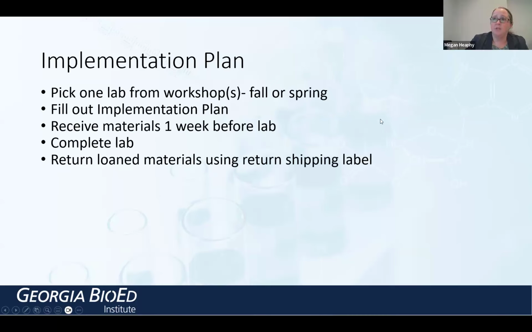So again, for the implementation plan, you'll pick one lab from either the fall or the spring. You'll fill out the implementation plan, which you can look at in the shared drive or the Google Drive. Basically you tell me when you want to do the lab, what lab it is, and what you would need from us.